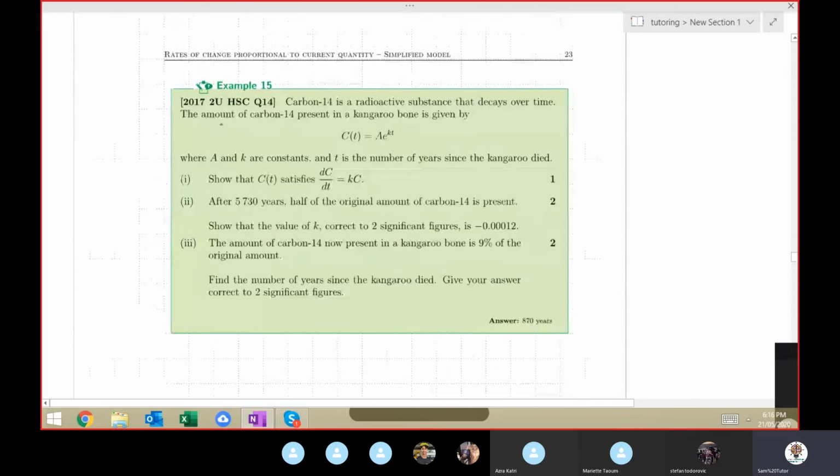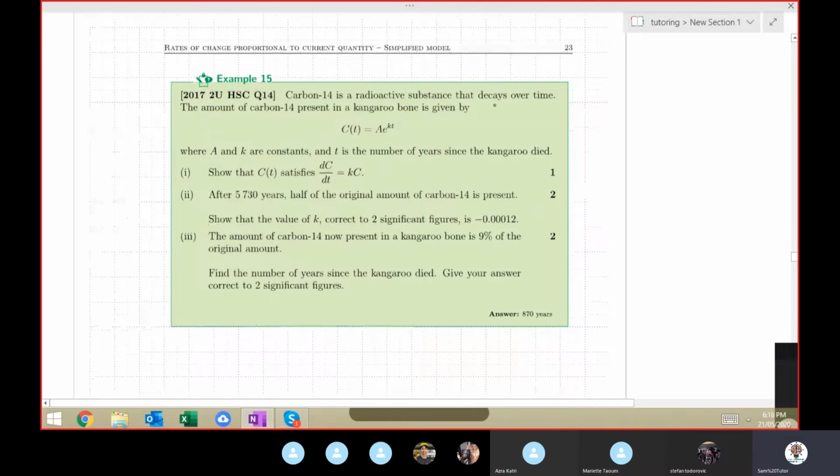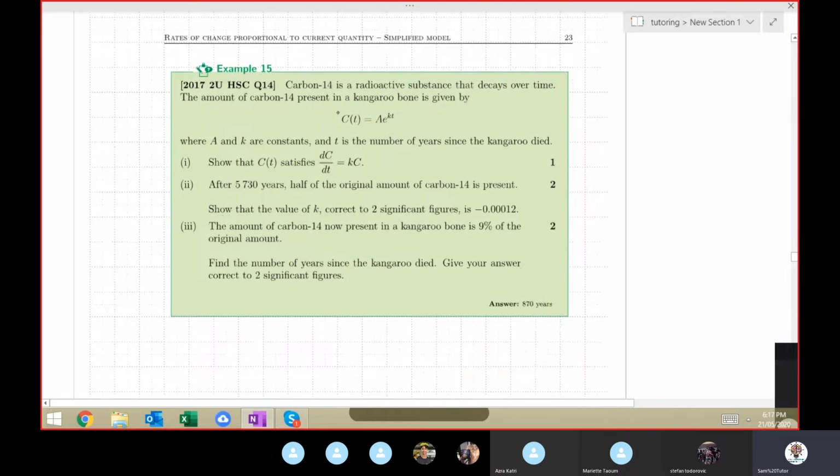Let's go, 2017 2-unit HSC question 14. Carbon-14 is a radioactive substance that decays over time. The amount of carbon-14 present in a kangaroo bone is given by C of T, carbon at time T, equal to A e to the KT, where A and K are constants and T is the number of years since the kangaroo died. Part I. Show that C of T satisfies dC on dt equals kC.